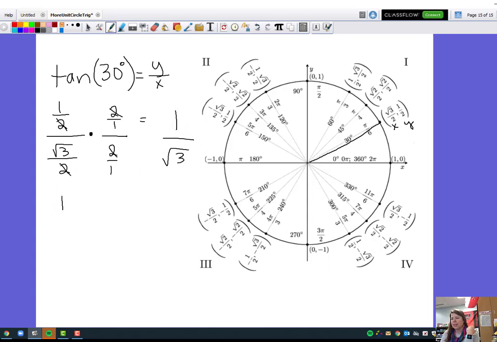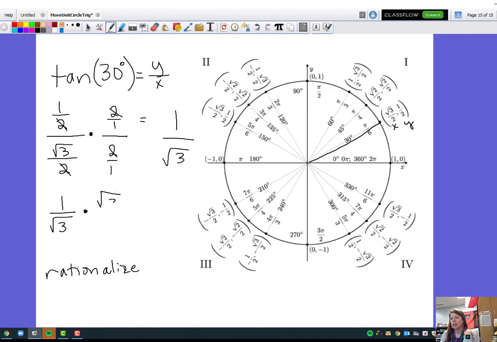And so we have to fix that value and rationalize it. What that means is I can't leave the square root in the denominator.